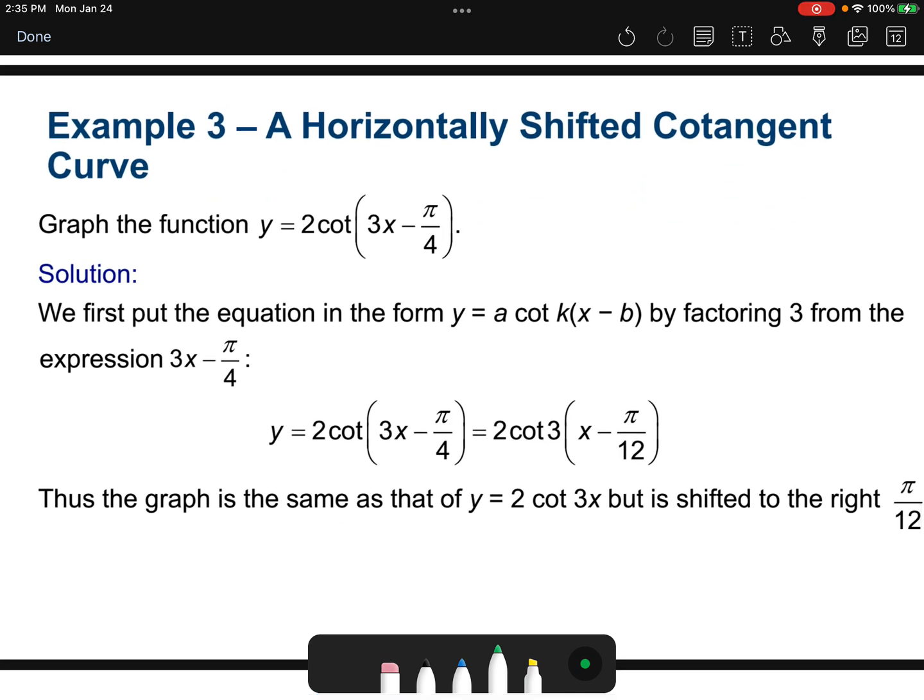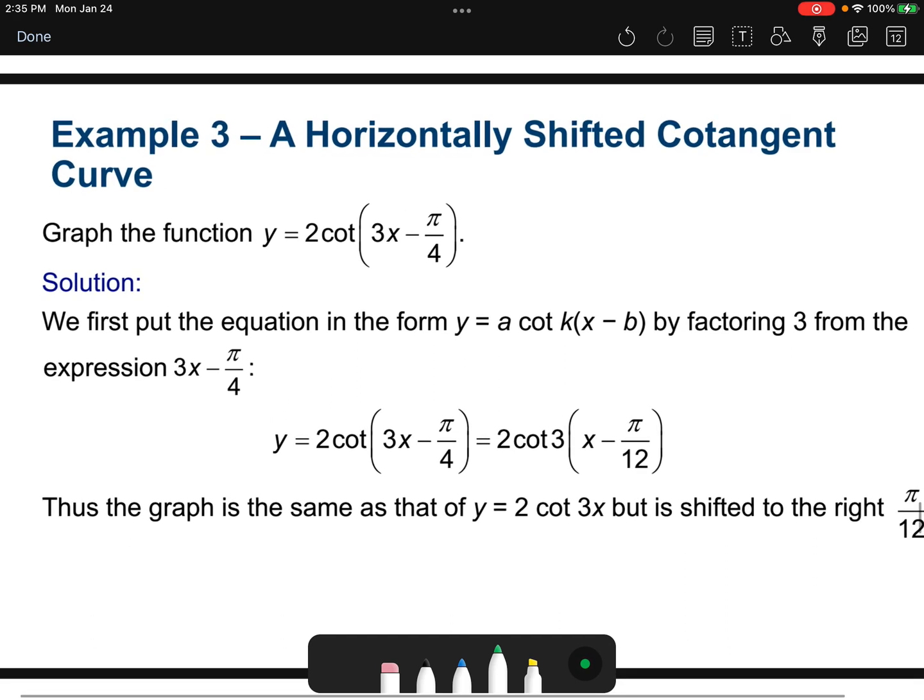Cotangent. See what that does. Y equals 2, okay, so it's 2 divided by tangent. So to put 2 divided by tangent, parentheses open up, so that's good. 3x minus pi divided by 4. Okay, now we got to close parentheses twice, I believe.